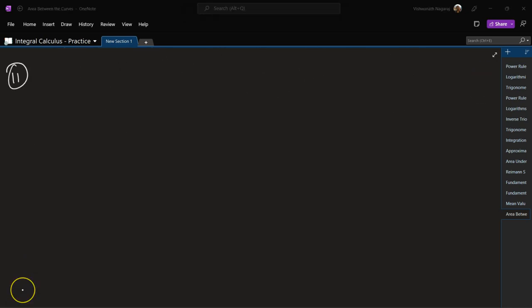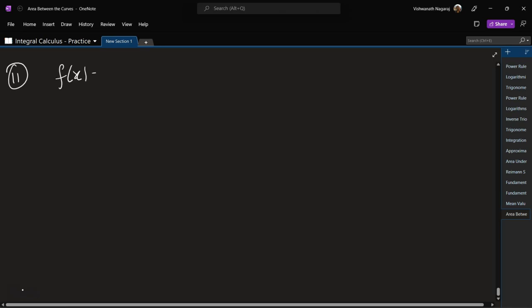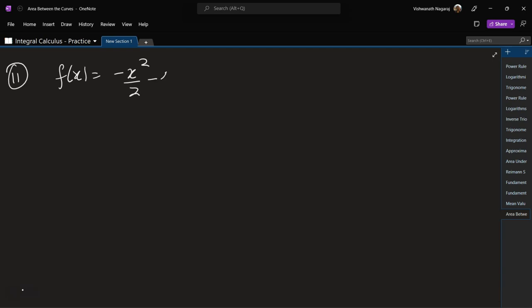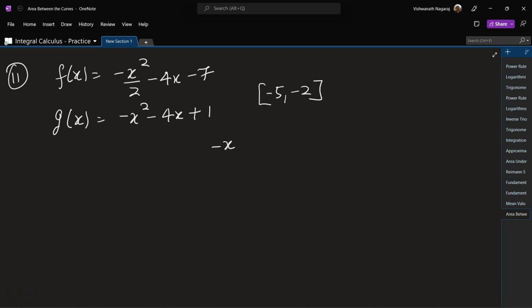11th one. F of x is equal to minus x square by 2 minus 4x minus 7, and g of x is equal to minus x square minus 4x plus 1 in the interval minus 5 to minus 2. Again intersections, minus x square by 2 minus 4x minus 7 is equal to minus x square minus 4x plus 1.